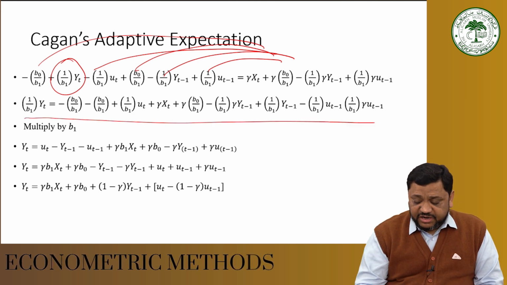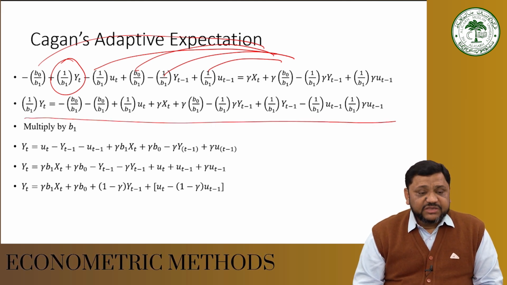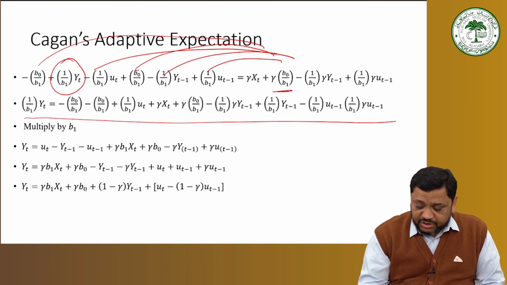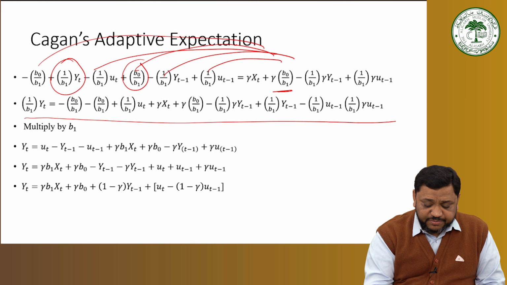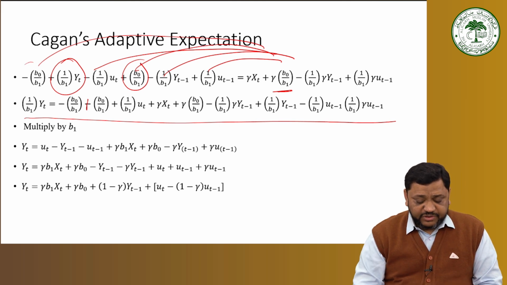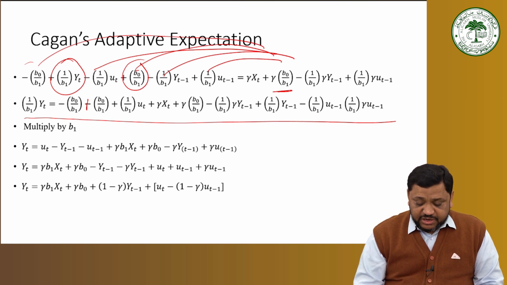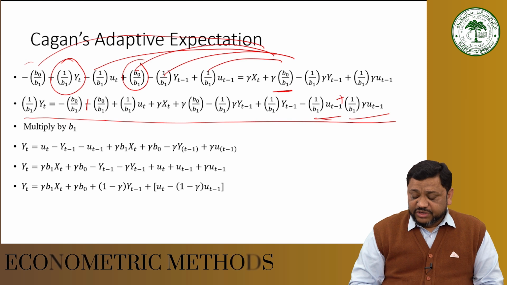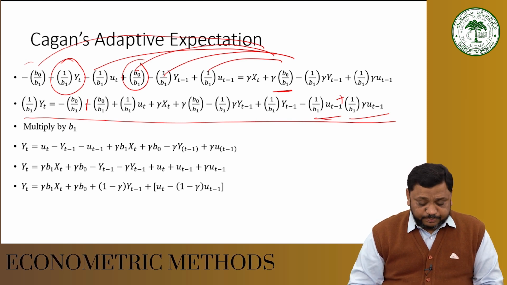Upon doing that, we get this final equation: 1 upon b1 y_t is equal to minus b naught by b1 plus b naught by b1, with one term being plus when the sign changes, plus u_t by b1 plus gamma x_t plus gamma b naught by b1 plus gamma y_{t-1} divided by b1 plus 1 by b1 y_{t-1} minus 1 by b1 u_{t-1}, plus 1 by b1 gamma u_{t-1}.